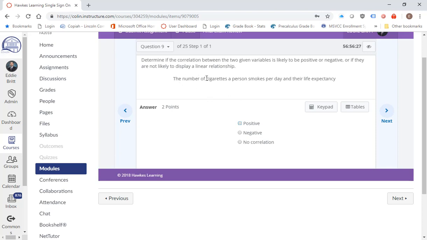The number of cigarettes a person smokes per day and their life expectancy: as you increase the number of cigarettes you smoke per day, your life expectancy is probably going to decrease. That's just common sense. So as one increases, the other decreases, so that's a negative correlation.